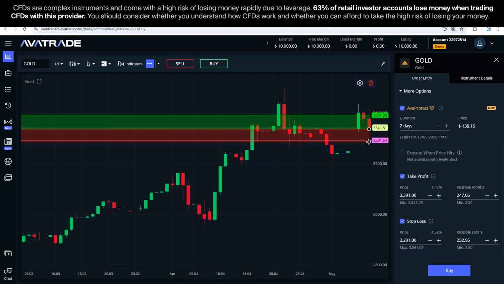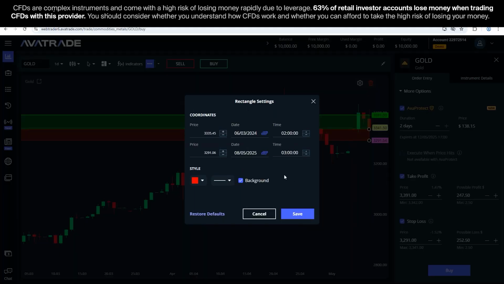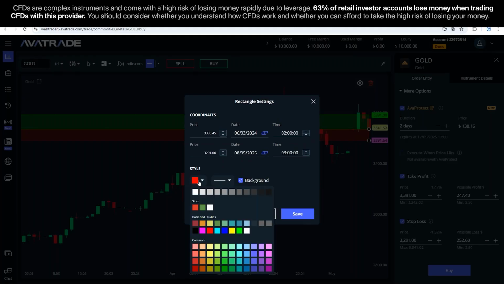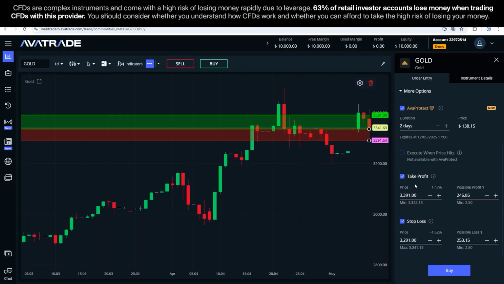And now we've got both edges for the take profit and for the stop loss. Okay, let's keep it like this. And now we can see that we can potentially make 247, potentially lose 250, and our fee that will be paid is 138. Not bad of a comparison.